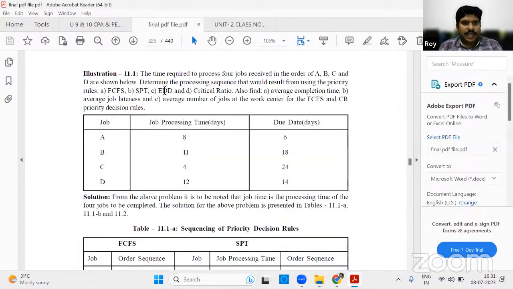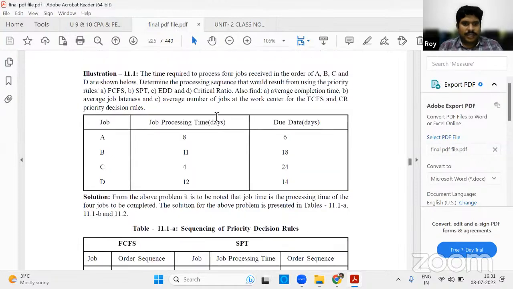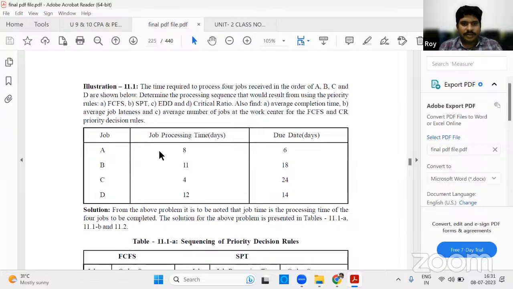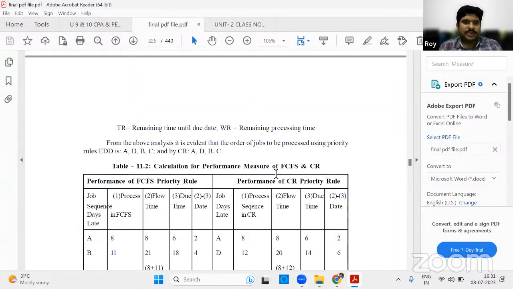Here, in the priority of these jobs, let us say these are the job sequence, job processing time, and these are the due dates. How to process the time is already there in your textbooks.